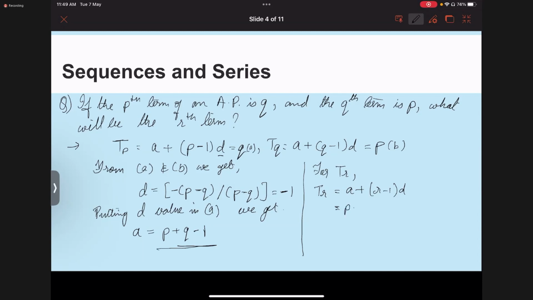So you can just write it as p plus q minus 1 plus r minus 1 multiplied by minus 1. And this then eventually becomes p plus q minus 1 minus r plus 1, and this gets constant, and what we get is p plus q minus r. So this is your rth term expression.